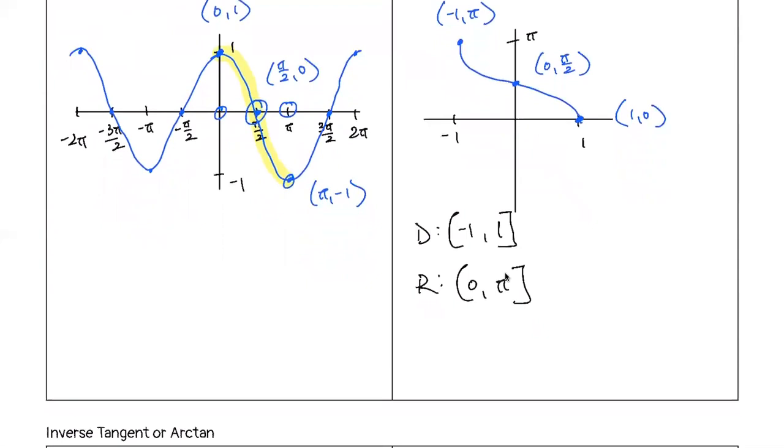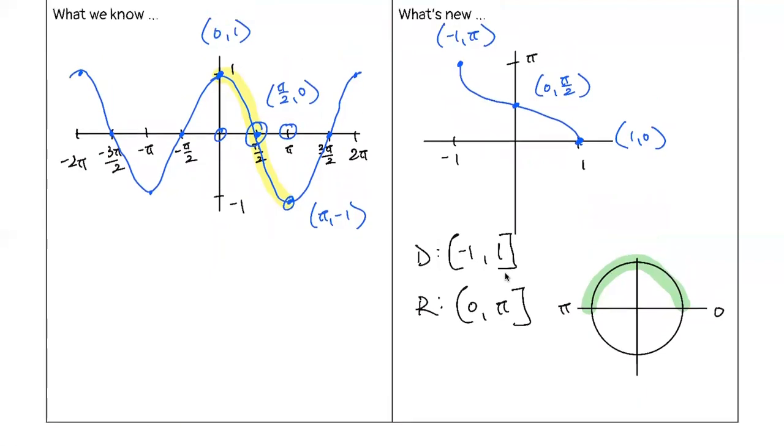And so if we want to think about what this is on our unit circle, it means for arc cosine, we want to choose from the top half of the circle, anywhere between 0 and pi, because that's the yellow part of the segment that I chose from the cosine graph. So the green part on the unit circle is the same as that yellow band on the cosine graph.